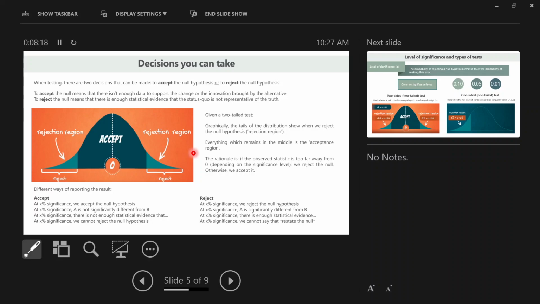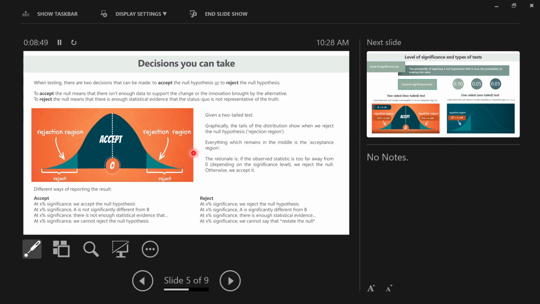In most cases, we reject the null hypothesis based on the p-value: if our alpha is 5%, 0.05, and we calculate our value and it goes above 5%, we fail to reject the null. If it goes below 5%, we reject the null hypothesis.